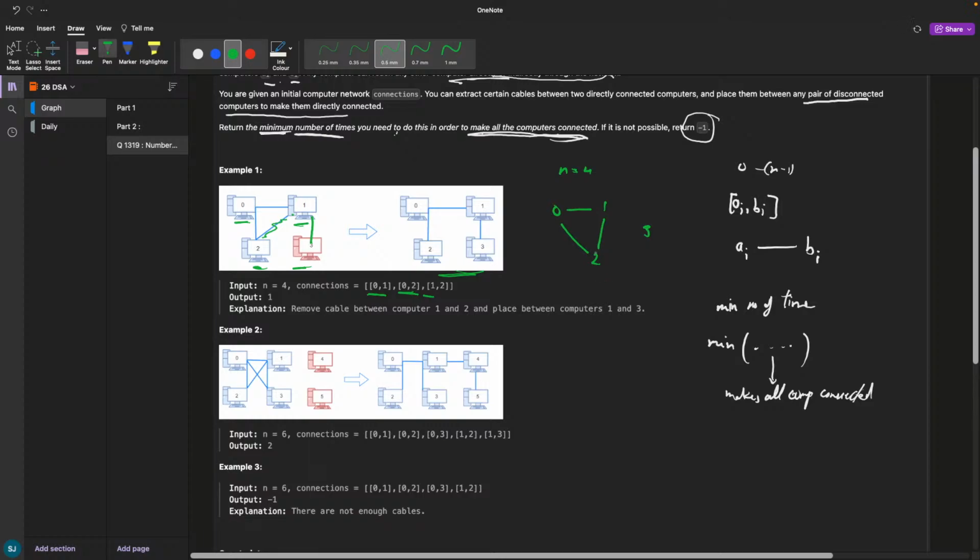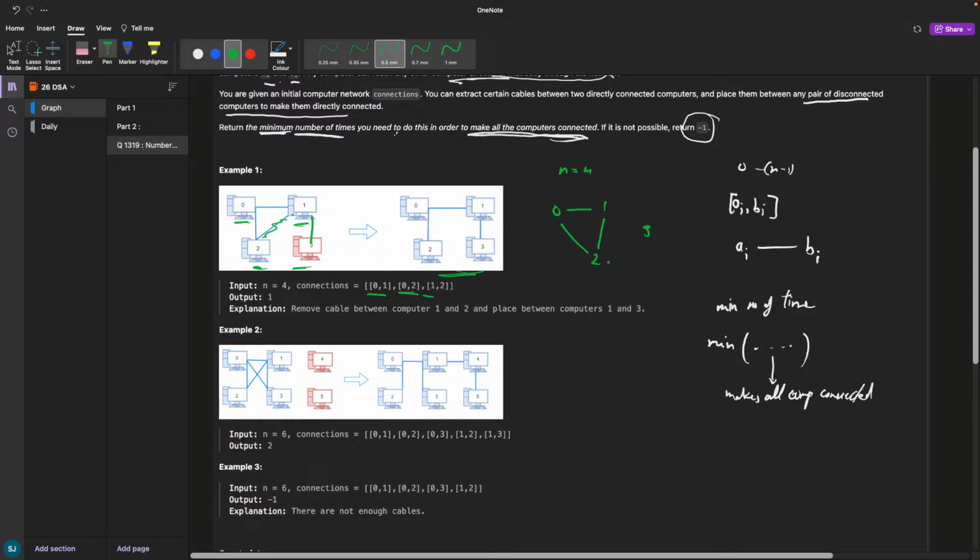We can probably put the 3 over here, and then you can do 1. It could have been 3 0, it could have been 1 0 or 2 0.